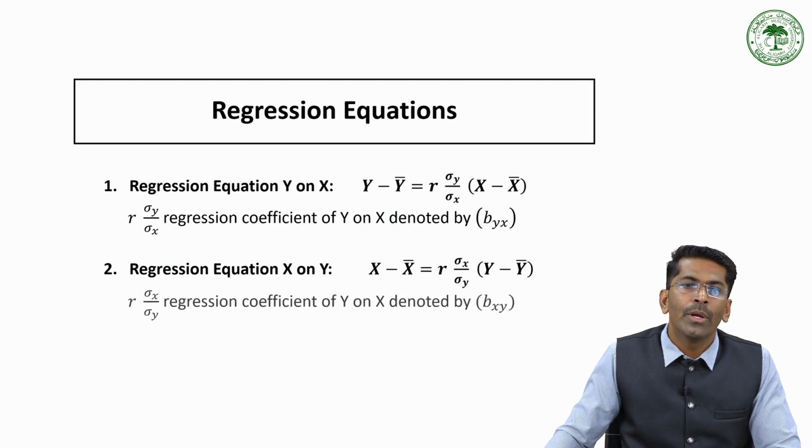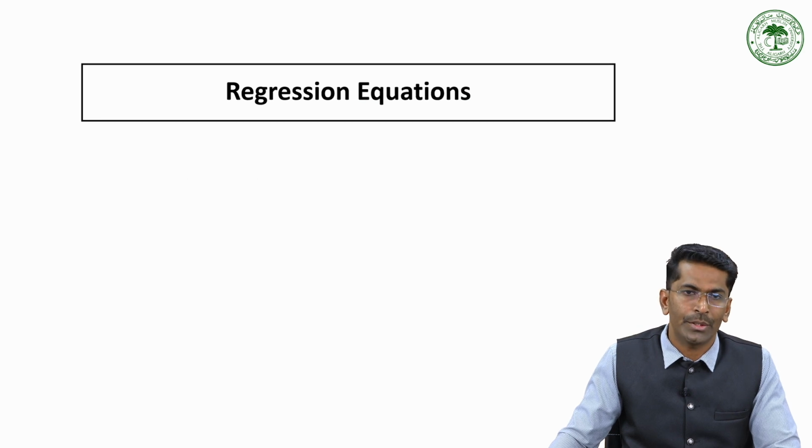Earlier, for the regression equation y on x, we used the standard deviation of y divided by the standard deviation of x, but here we use the standard deviation of x divided by the standard deviation of y. Here, r into the standard deviation of x divided by the standard deviation of y is the regression coefficient of x on y, denoted by bxy. So we have two regression equations, and by using these formulas we frame the regression equations.